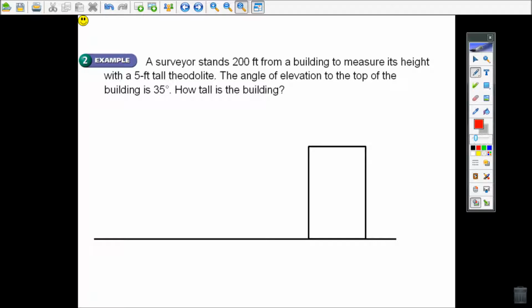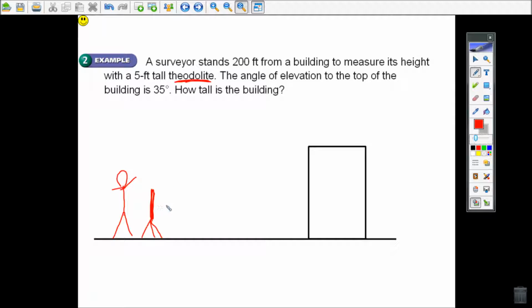For number 2, you have example 2. A surveyor stands 200 feet from a building to measure its height with a 5 feet tall instrument. Okay, so what this means is you might have seen these machines before. People look through them, but this is measuring distance.